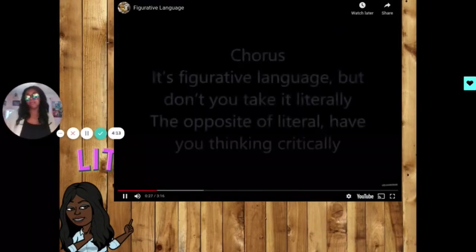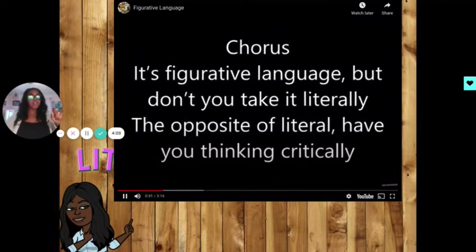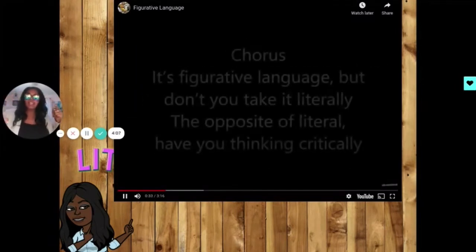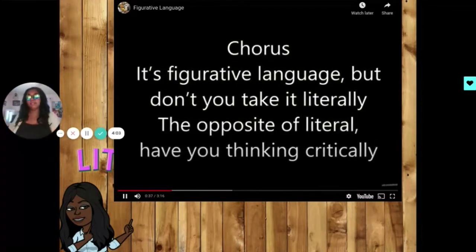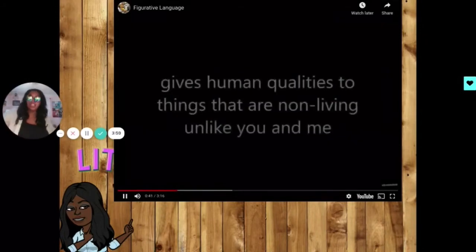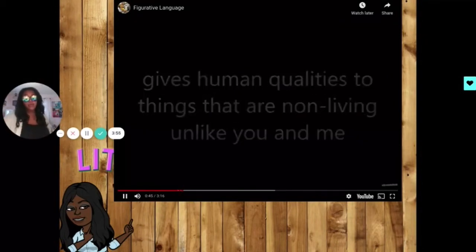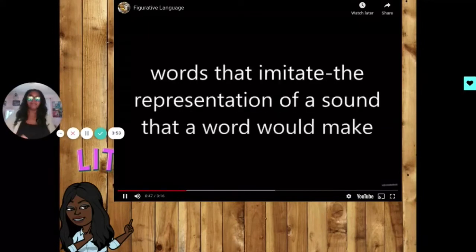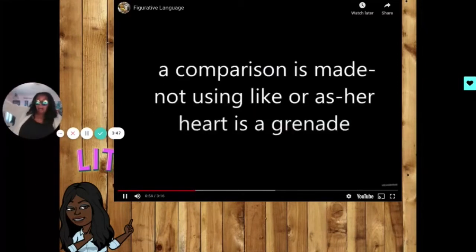It's figurative language, but don't you take it literally, the opposite of literal. Have you thinking critically? Personification gives qualities to things that are not living, like you and me. Onomatopoeia: words that imitate the sound that a word would make. Metaphor: a comparison is made, not using like or as.